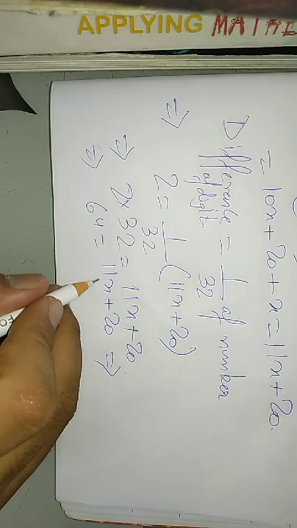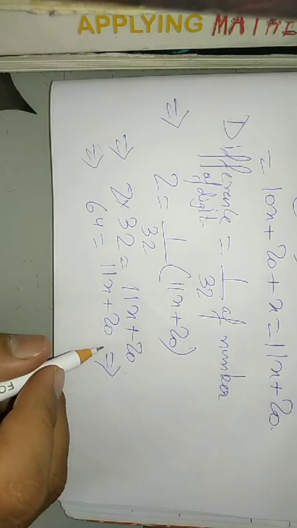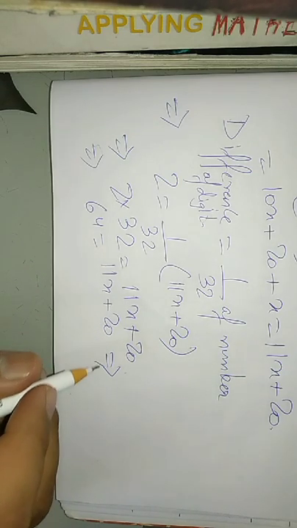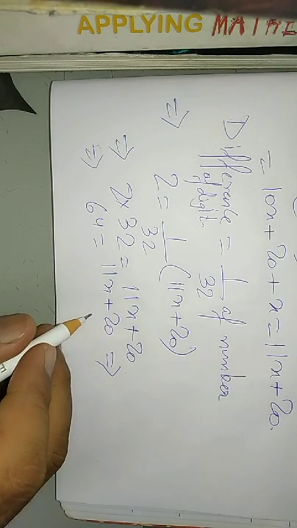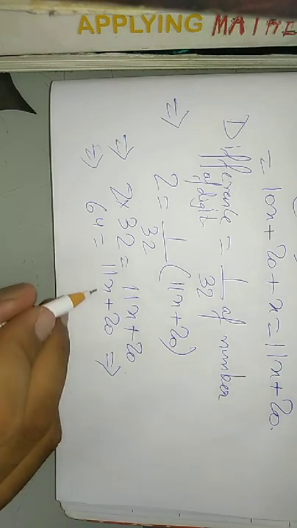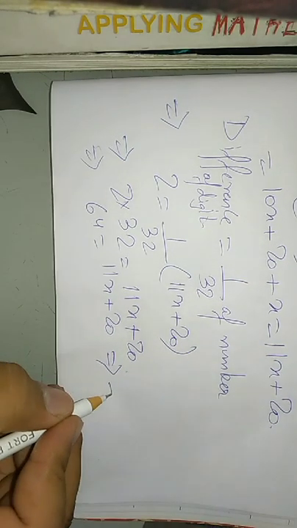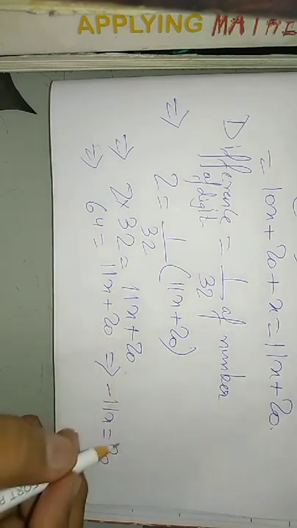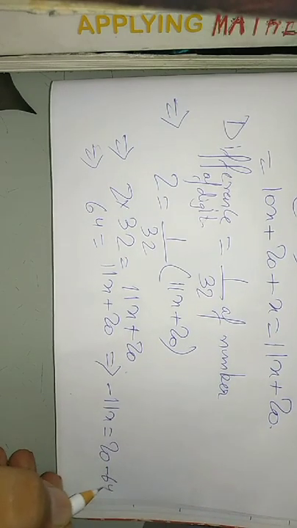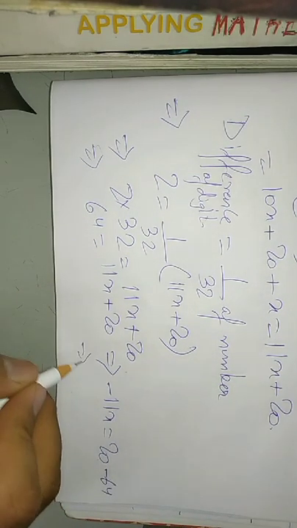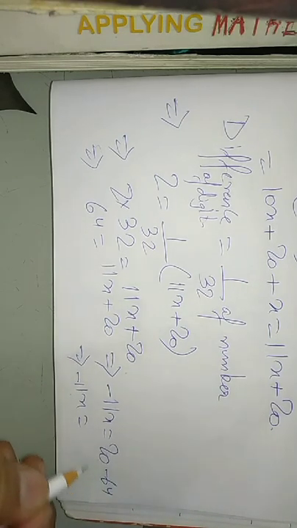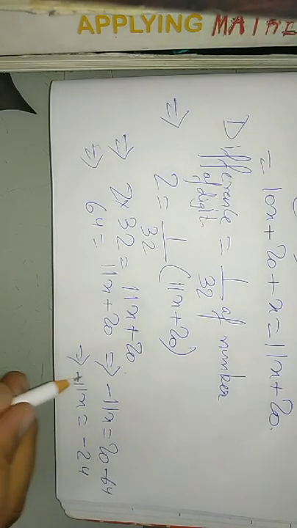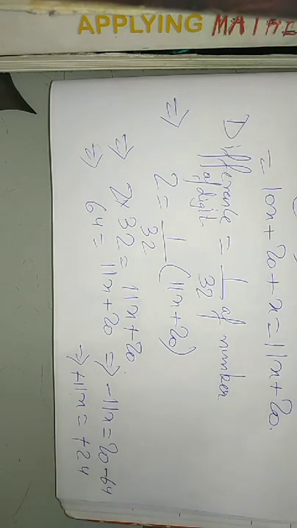All the constants have to go on the left hand side, so plus 11x becomes minus 11x, and this 64 will go on that side: minus 11x is equal to 20 minus 64, which is minus 24. So the negative is gone.